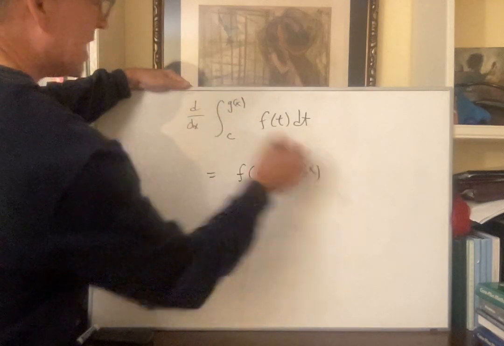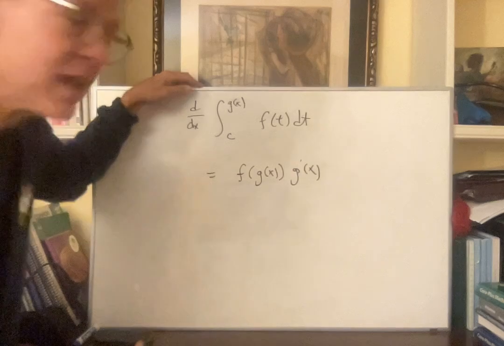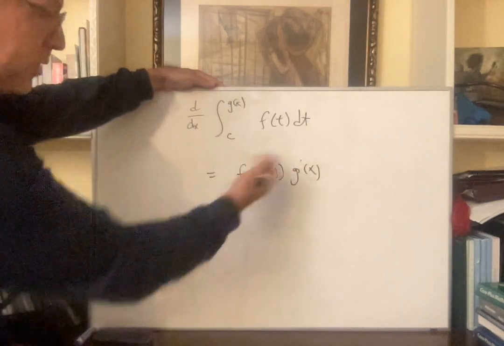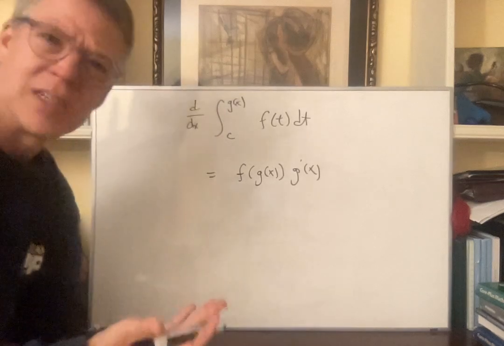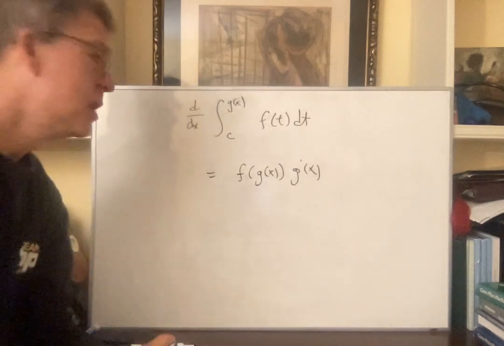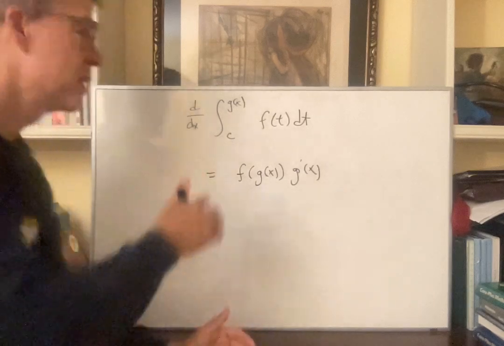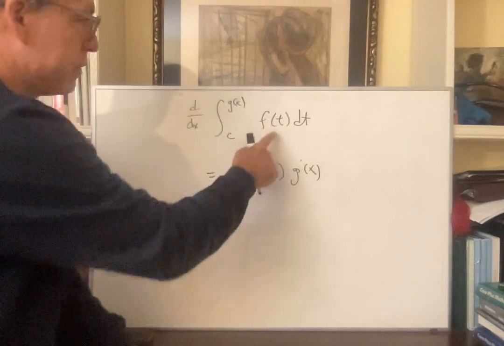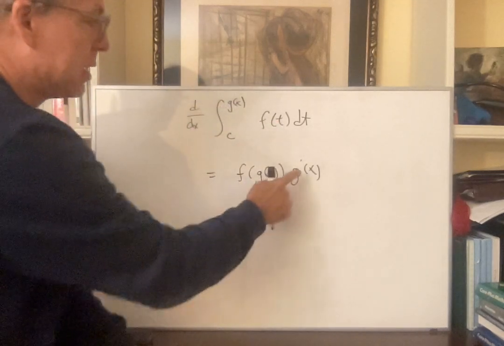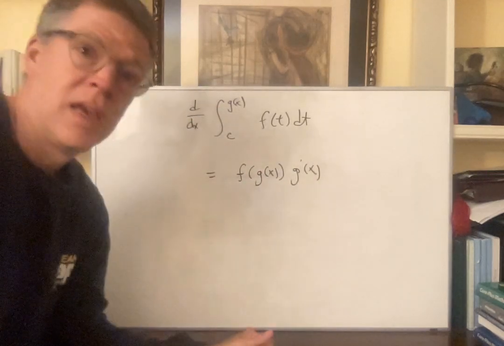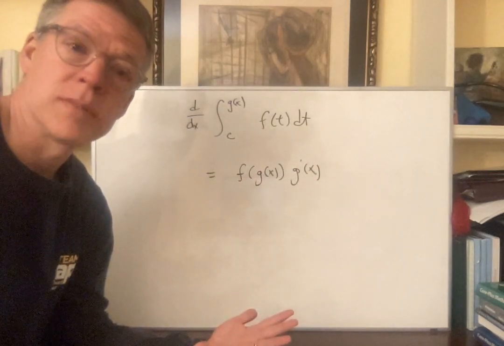If this is an x, what's the derivative of x? It's just 1, so you'd be multiplying by 1, so it wouldn't even matter. That's why I didn't have to worry about it when that was just an x. But if it is an x squared or an e to the x or a sine x or whatever function of x is up here, then you would just take your integrand and multiply it by the derivative of that guy. And that solves all the problems.